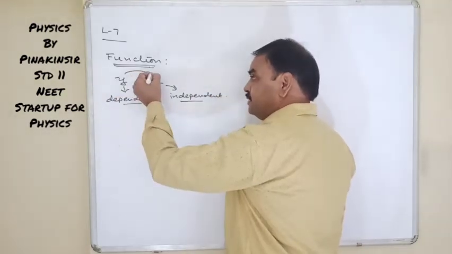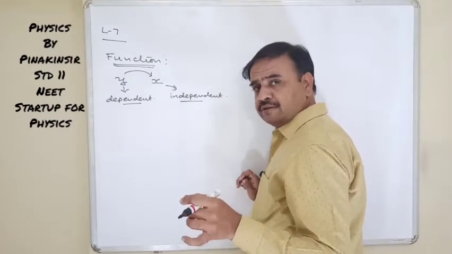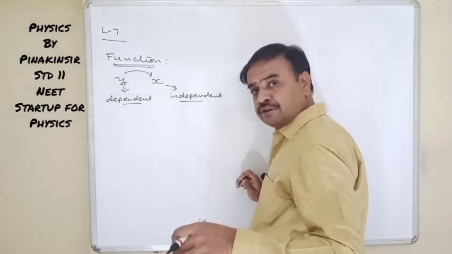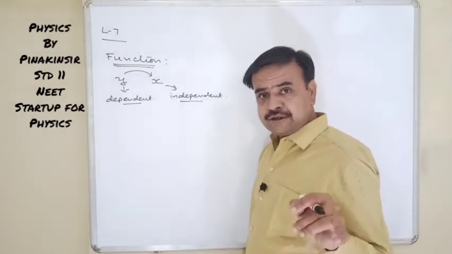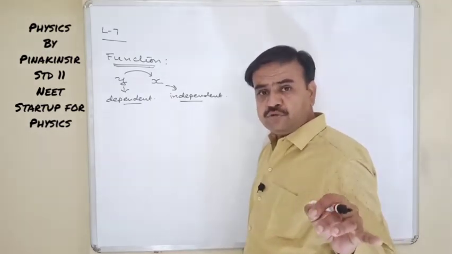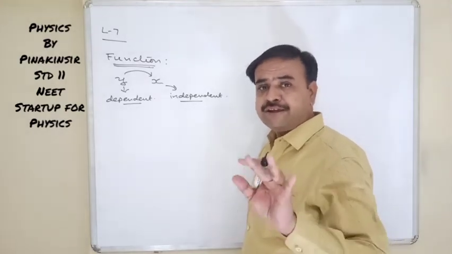And y is related with x by some mathematical relation in such a way that for each and every value of x there is a unique value of y, then y is said to be a function of x.